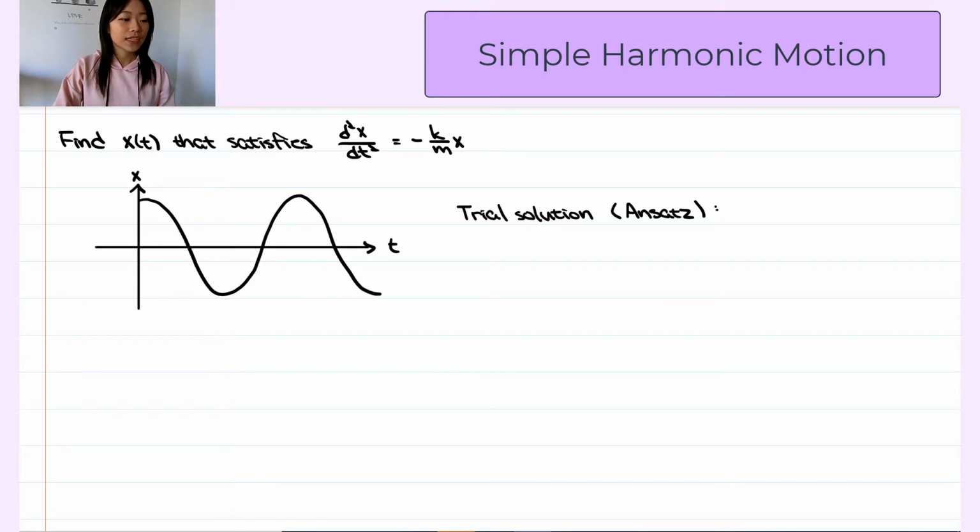So let's use the ansatz. Let's try x as a function of time is some constant A times cosine of omega times t plus some other constant, phi naught. Here the omega is the angular frequency.